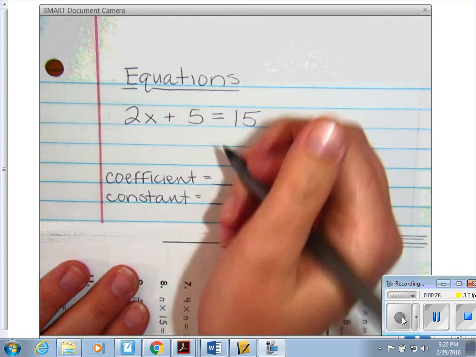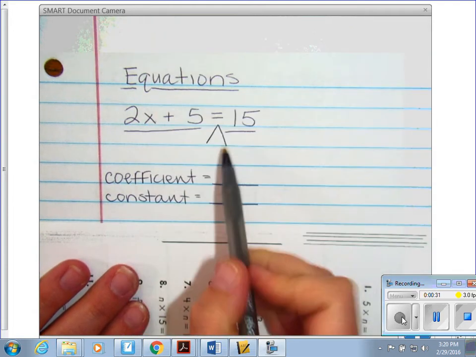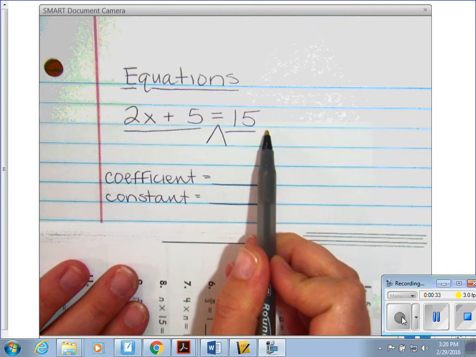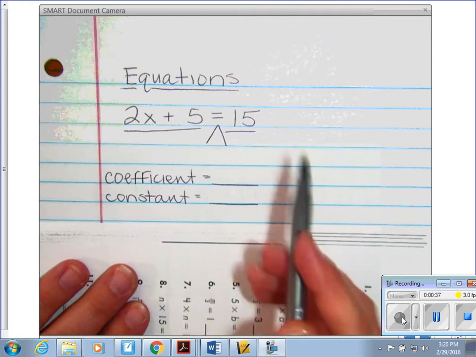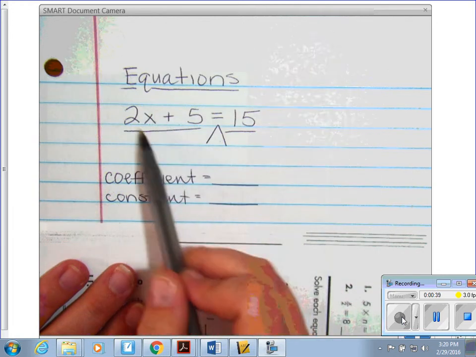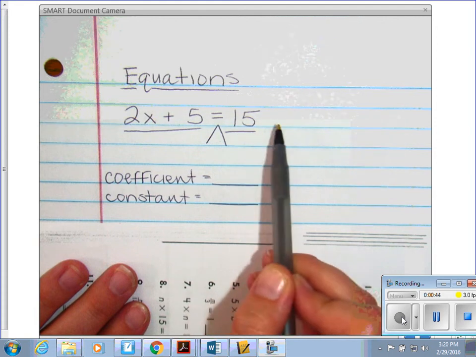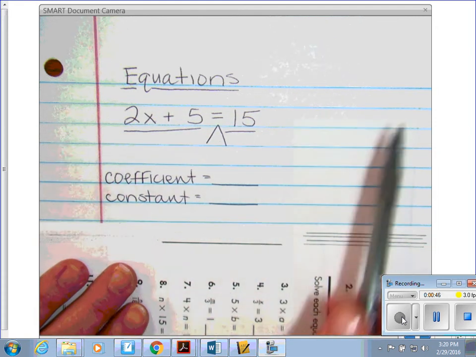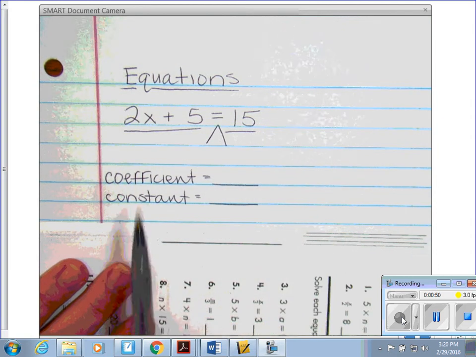And we can think of an equation kind of like a scale, where my equal sign represents the balance, and I have values on either side. And they need to stay balanced. So if I manipulate this side of the equation, I need to balance it out by manipulating this side of the equation. We also talked about identifying a coefficient and a constant.